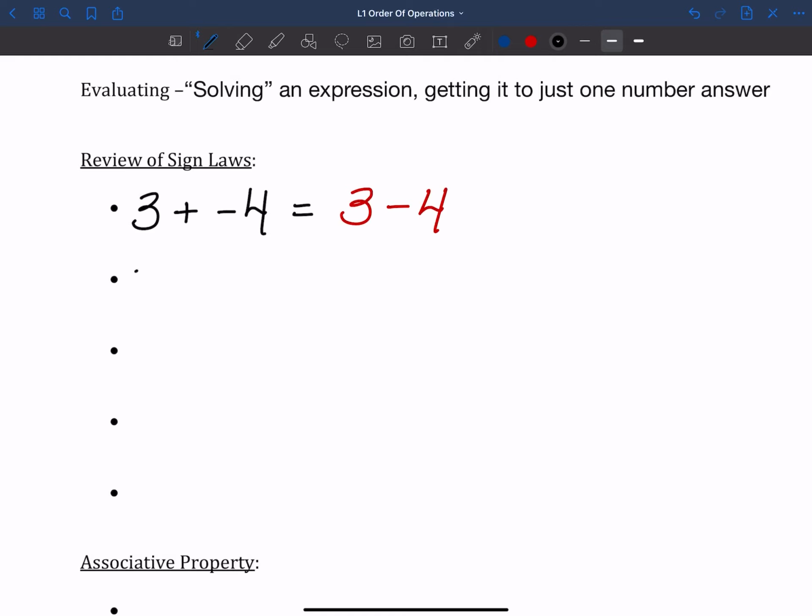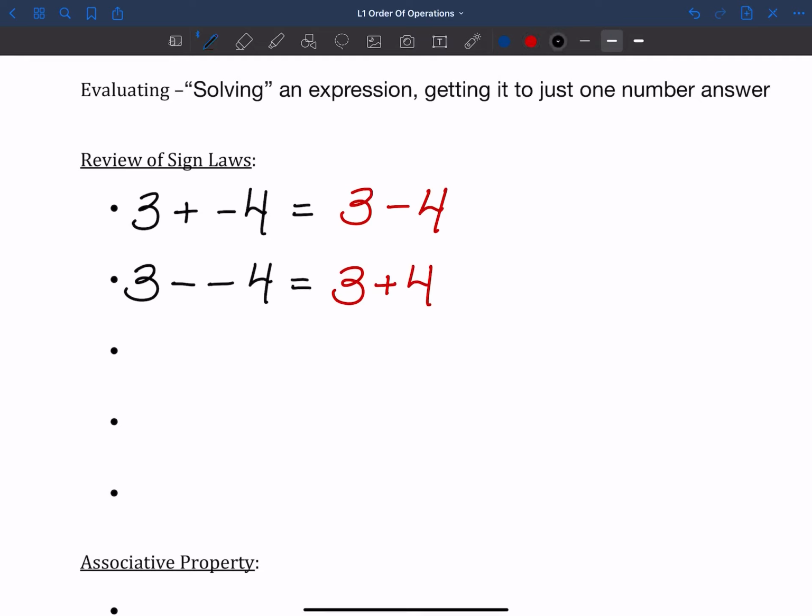If you've got something like 3 minus -4, we can do something sort of similar, right? What I like to think about it is if I've got a double negative, it's like when somebody says that you can't not do something, it means that you really have to do it, right? So these double negatives kind of cancel each other out. What I like to think about is that they just kind of turn into one big old plus sign, right? So if we were rewriting that, we could make it look like 3 plus 4.